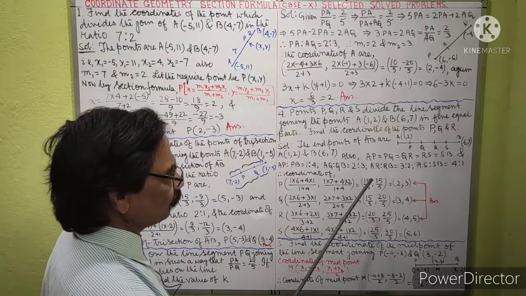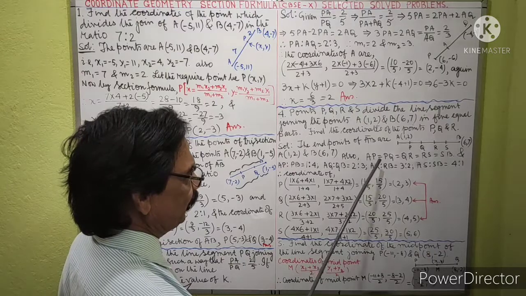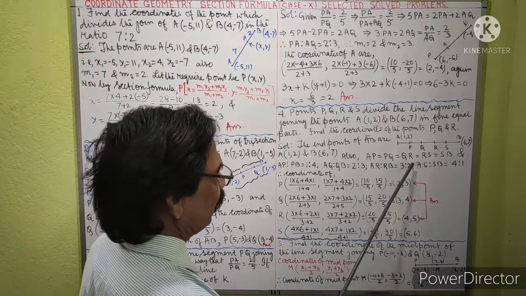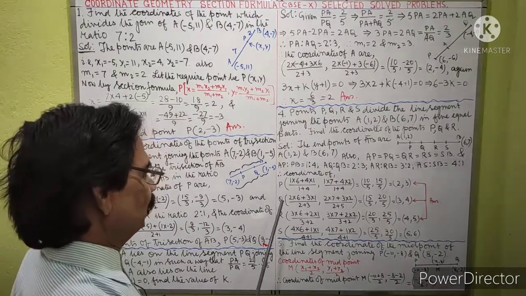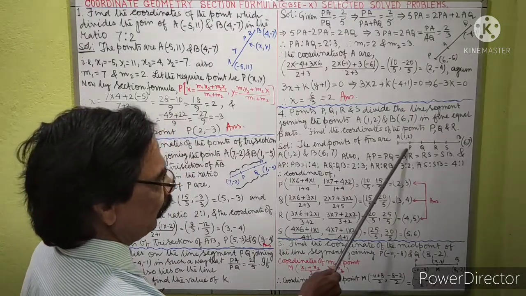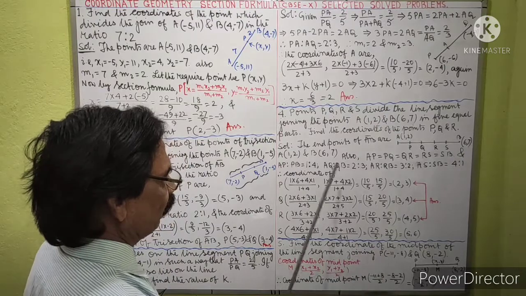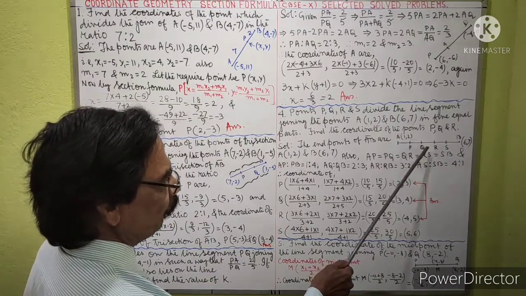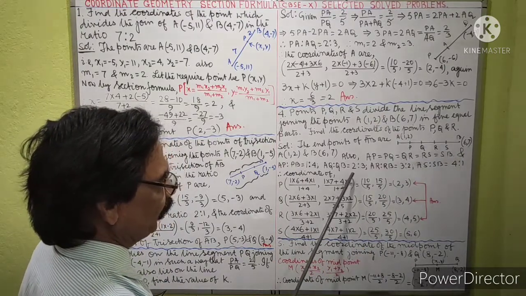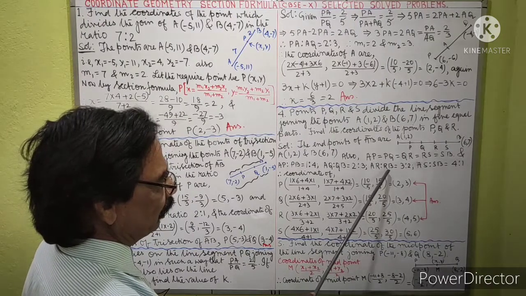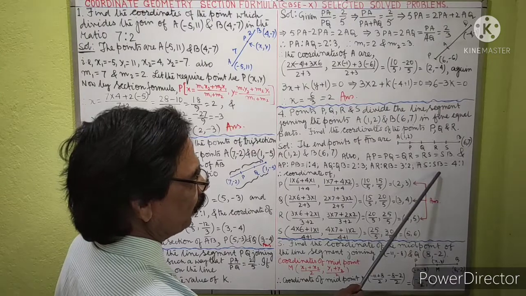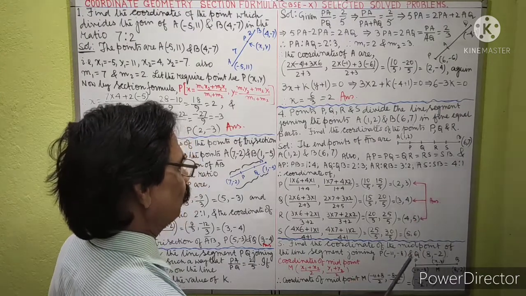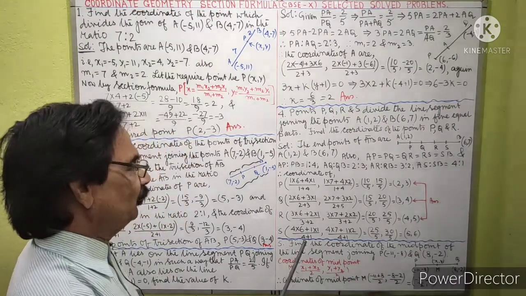And now AP equals PQ equals QR equals RS equals SB, because these parts are all equal. Now AP by PB will be 1:4, AQ by QB will be 2:3, AR is to RB will be 3:2, and AS is to SB will be 4:1.